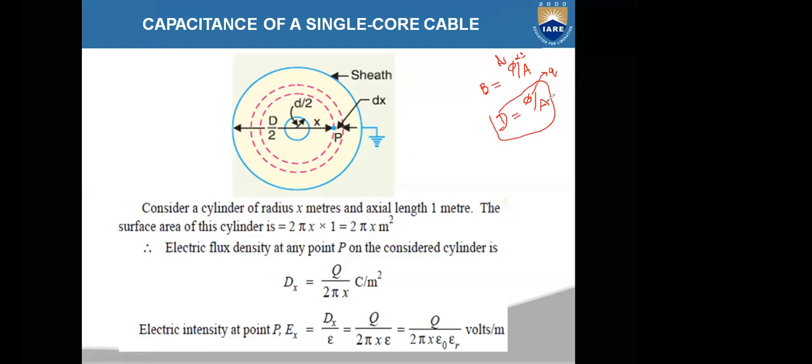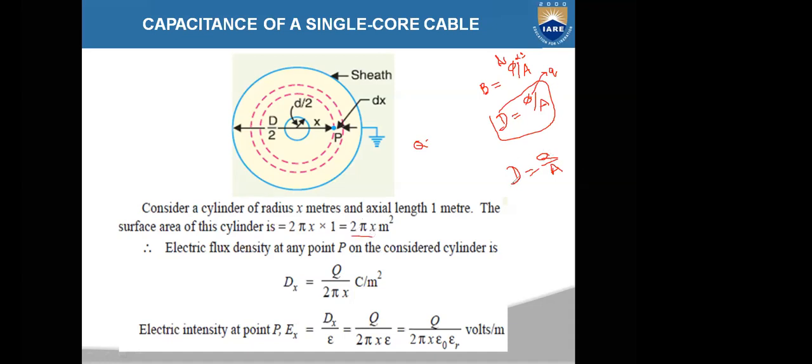Suppose capital Q is the charge per unit length. At this point P, the flux density D can be written as Q by A. The total electrostatic flux will be Q, so Q by A, where A will be 2 pi x.